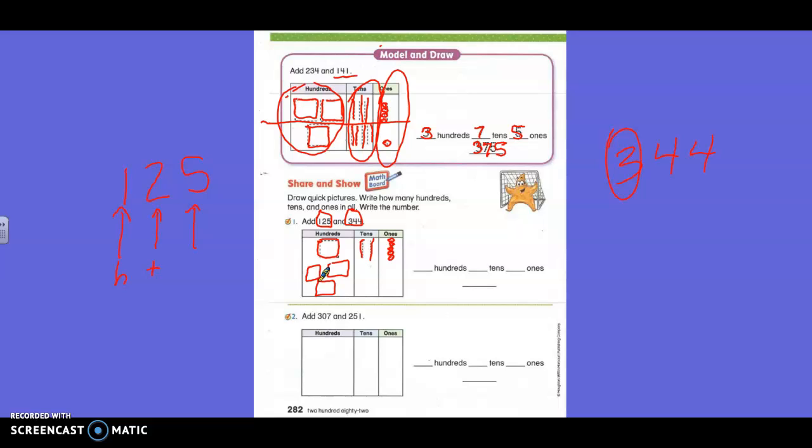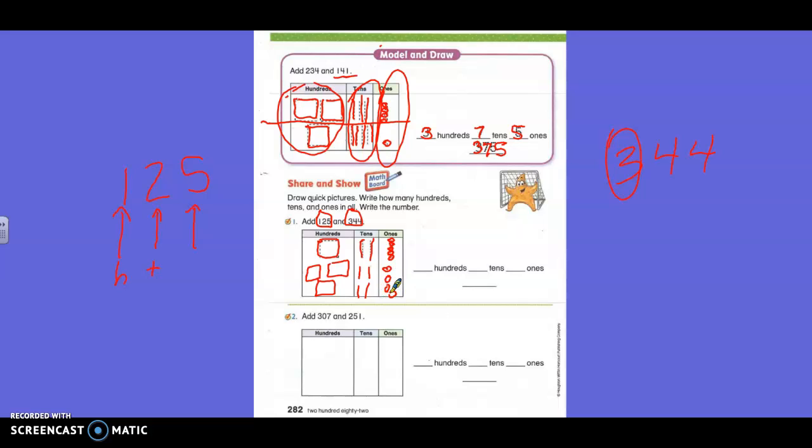Alright? How many lines are we going to draw for the tens? Renee? 4. 1, 2, 3, 4. Okay. How many one circles are we going to draw? Lena? 4. 1, 2, 3, 4.